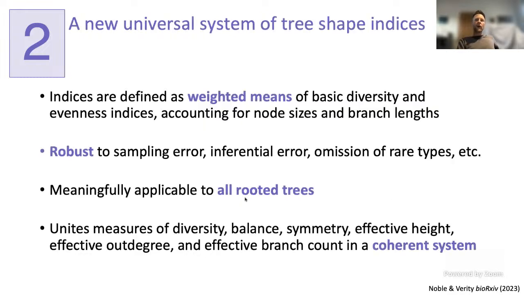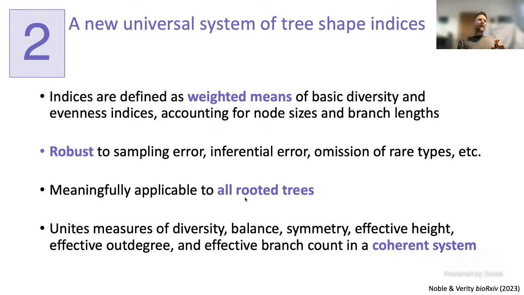And so what I did then was I found that in doing that, in fact, this balance index can be related to a diversity index. All of these three different aspects I talked about, the diversity, the bushiness or the effective average out degree, and tree balance, can be seen as variants of the same idea and can be cast within a single system.